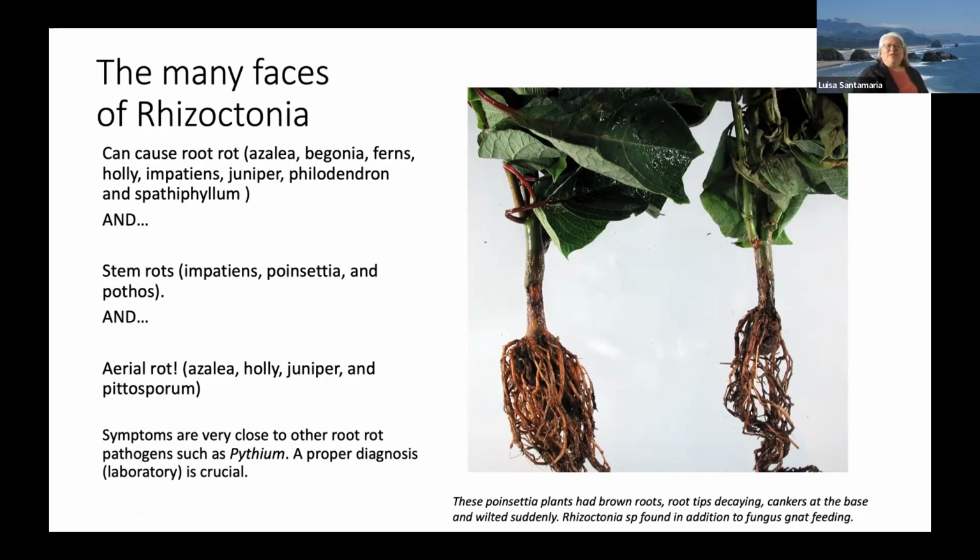So the symptoms are kind of the point. The symptoms could make you think, oh, it's Pythium. Oh no, if you don't see cankers, maybe you don't see rotten roots, maybe it is Pythium, but remember the conditions they need. Also remember that Pythium attacks soft tissues or small seedlings more than adult plants.